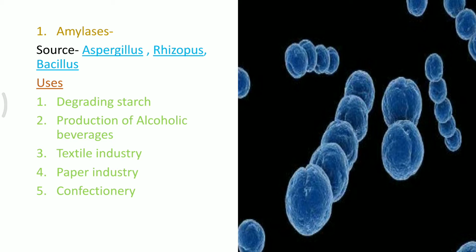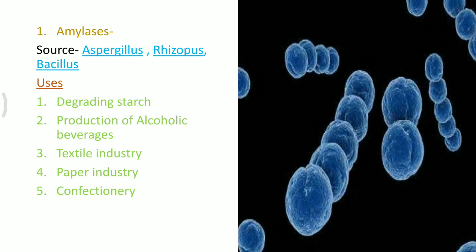Paper industry, because the pulp of various wood or leaves or certain substances are used for production of paper. Over there will be presence of carbohydrate in the form of starch, so that has to be converted at first into ethyl alcohol, and then further it can be converted to amylases.